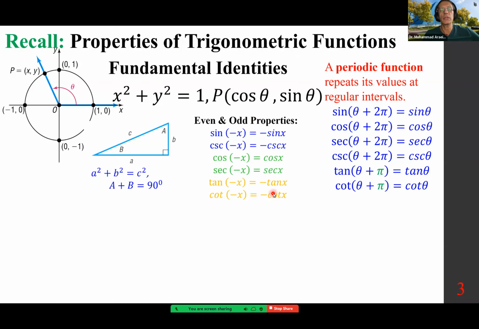All trigonometric functions are odd functions except cosine. Cosine of minus x is cosine x, and therefore secant of minus x is secant x. Those are even functions. All trigonometric functions are periodic with a period of 2 pi, except tangent and cotangent with a period of pi.